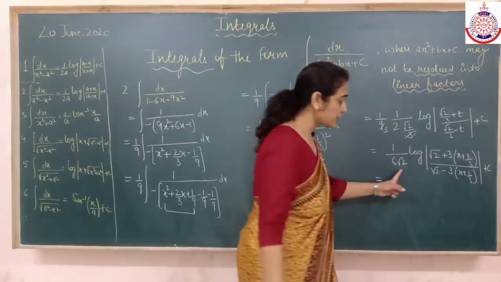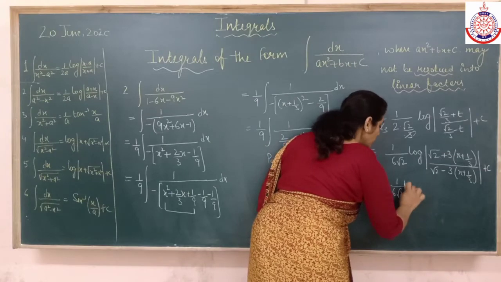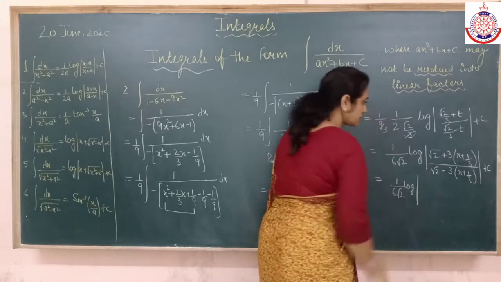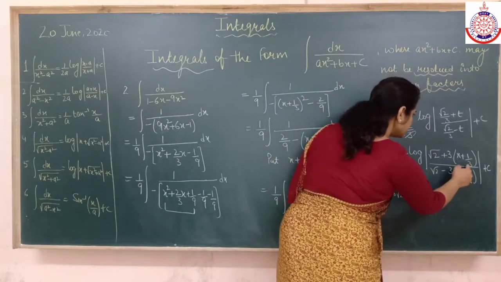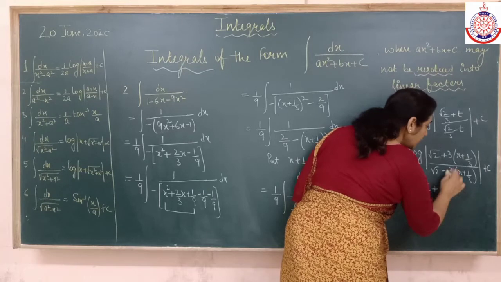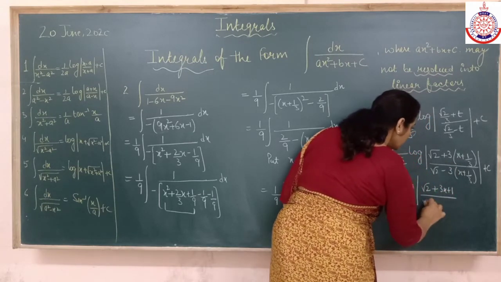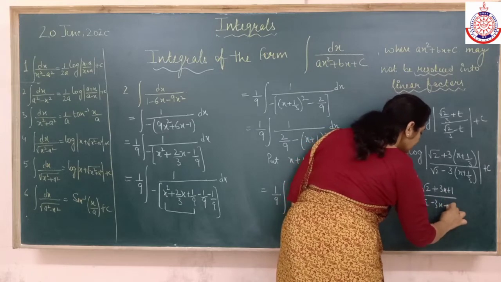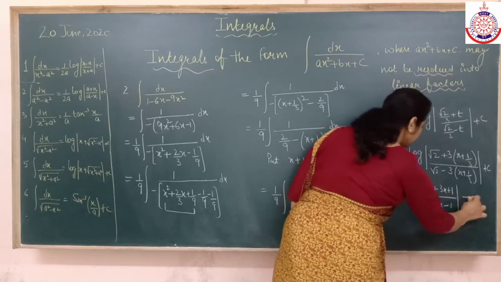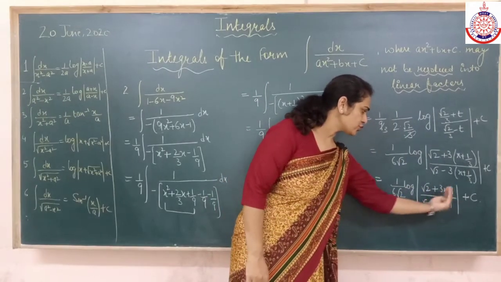Simplify. If you want to take this root 2 up, you can by rationalizing it, that you know. It will become, if I multiply this inside, 3x plus 1 upon minus 3x minus 1 plus c. So you can arrange it also, 3x plus root 2 plus 1.